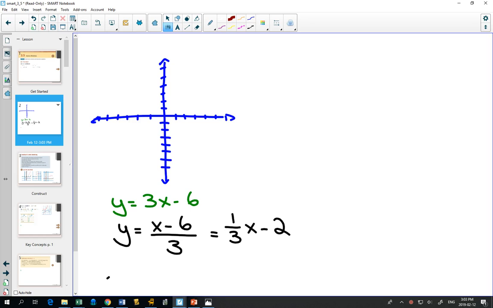So some algebra skills that you'll need is, can you change something like (x minus 6) over 3 to be 1/3 x minus 2?